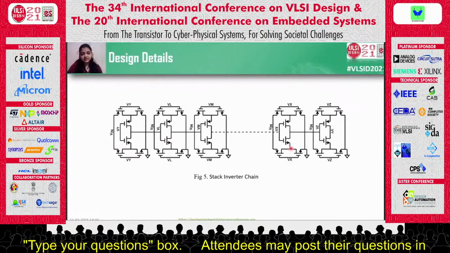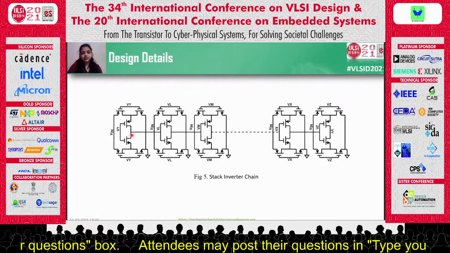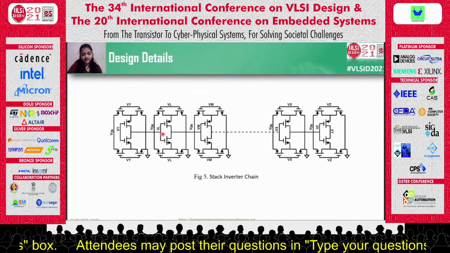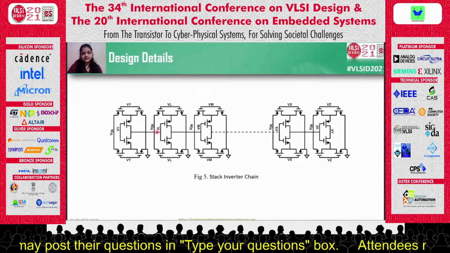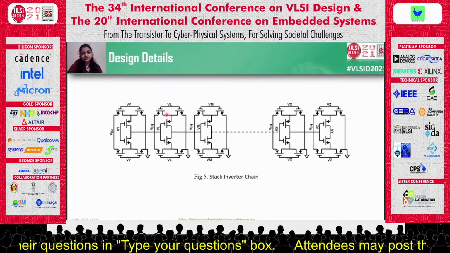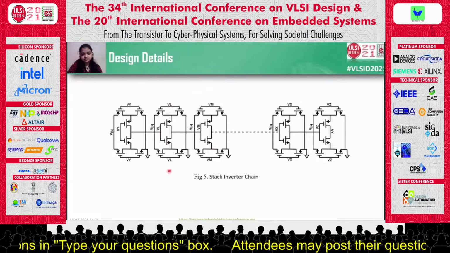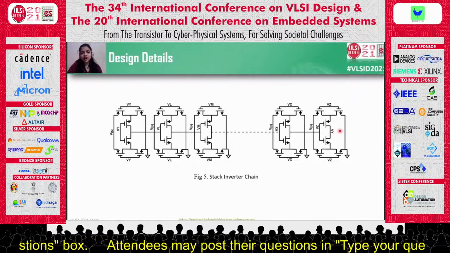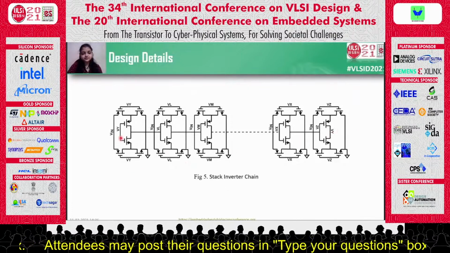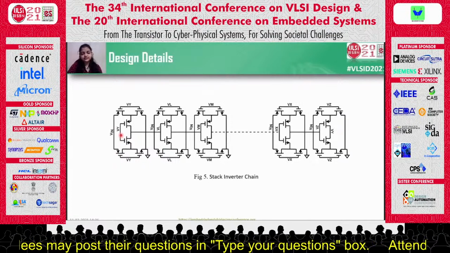This is the stacked inverter chain. Here we can see that the output of the first stage goes to the input of the gates of the second stage. That is, VL is connected to the gates of the second stage. The last stage output is fed back to the first stage input.